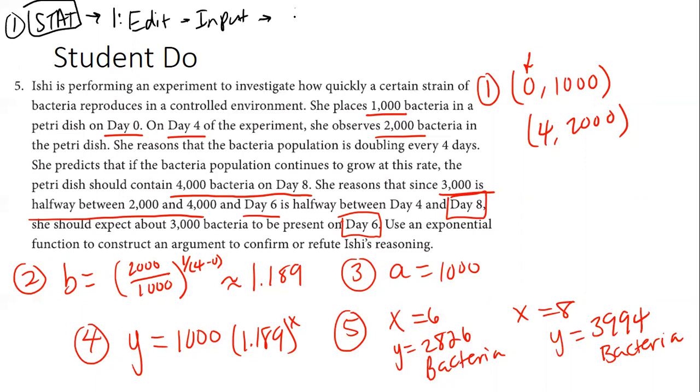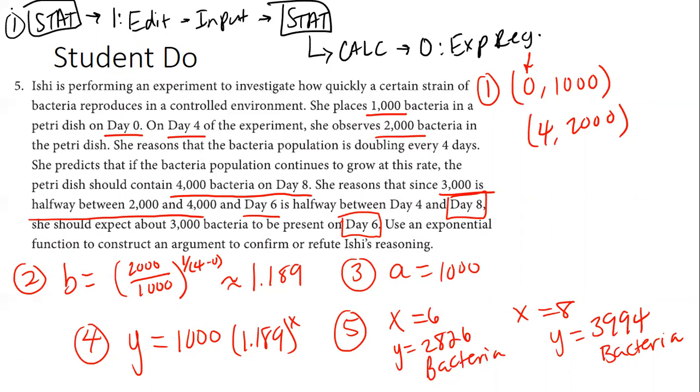Then after your input, you're going to press stat again, then arrow over to calc. And at calc, we're going to press 0 for exponential regression. Now you're going to go to stat, edit, and put them in. After you do that, you then are going to press calculate to get your values.